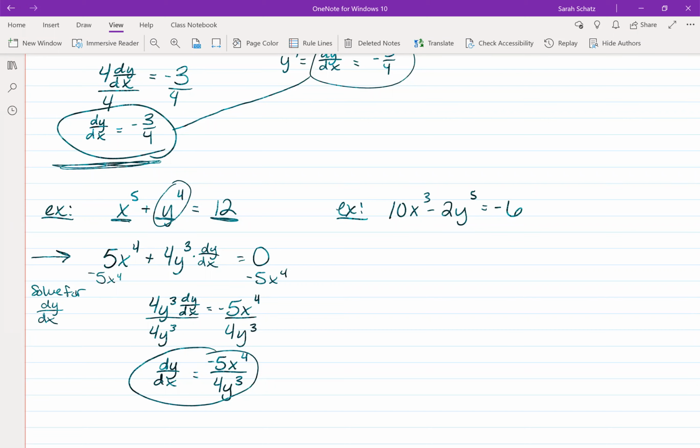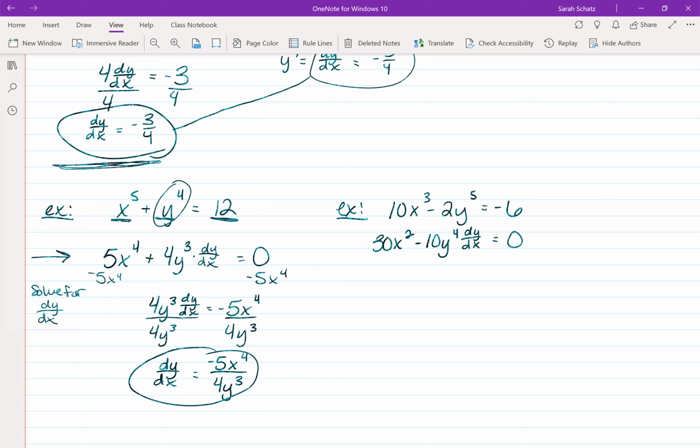So this one's got some coefficients on it, not too different from the one we just did though. So derivative of 10x cubed is 30x squared. Derivative of minus 2y to the 5th is going to be negative 10y to the 4th, but because it was a y, I get that dy dx term on there. And then derivative of this is 0.